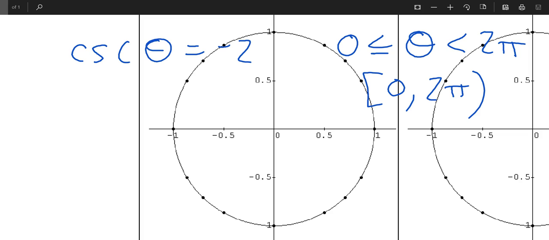Did you change it to a trig function? If you don't change it to a regular trig function, you might stare at it for a while. You guys just told me a few minutes ago which one is cosecant, so that should be pretty easy.